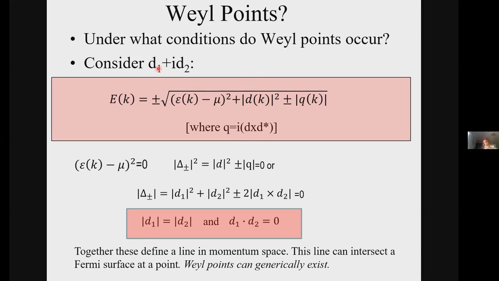So if d1 and d2 are real and there is no phase factor, then d and d star are parallel and this cross product vanishes. This is a consequence of the broken time reversal symmetry. What's important is that the magnitude of q_k can't become bigger than the magnitude of d squared. And so I can characterize this plus minus by two gaps, delta plus minus squared, and both are going to be positive or zero.